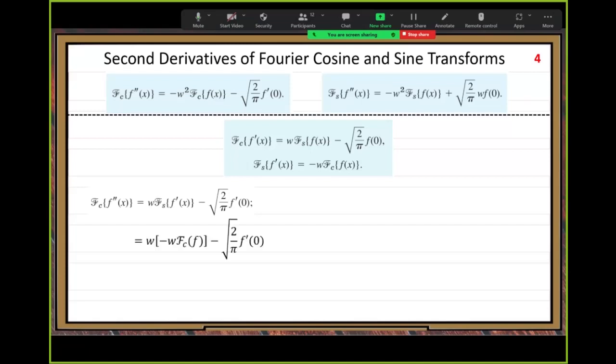Then after simplification, we get that, and you can see directly. The second one, we apply the first derivative of this Fs formula the first time.